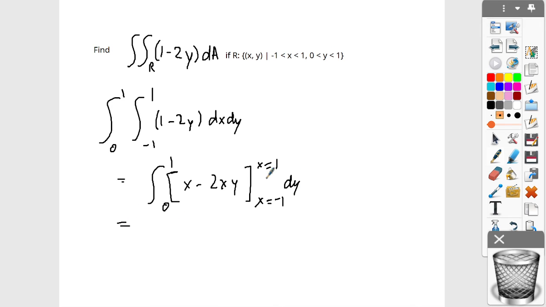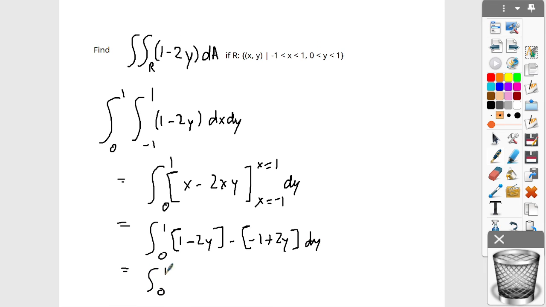So what will you end up getting? You will end up getting 1 minus 2y minus, minus -1 plus 2y. So that is the integral from 0 to 1 of 2 minus 4y dy.